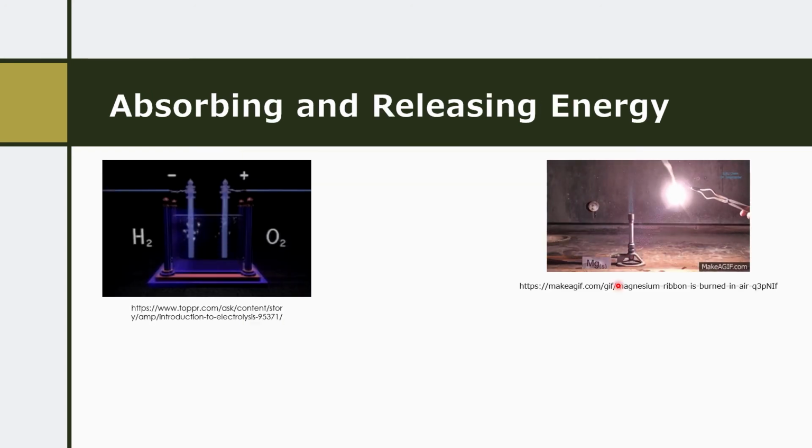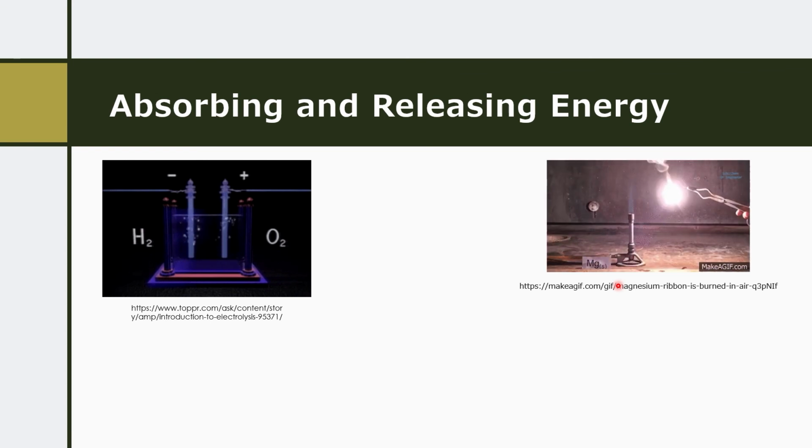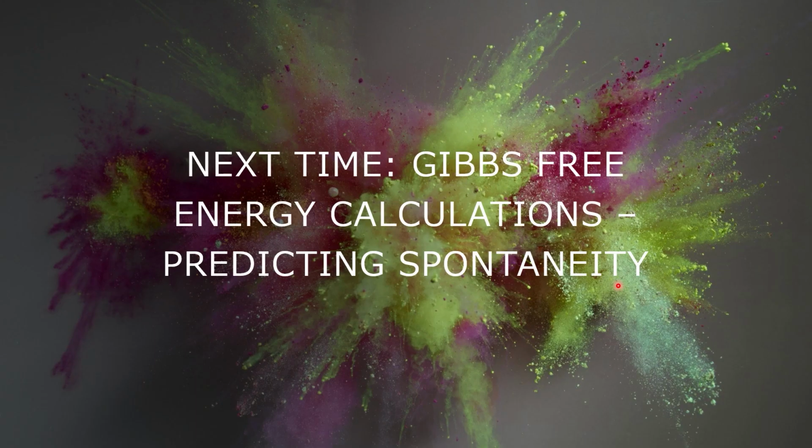So this is what we see: either reactions that absorb energy or reactions that release energy. And that absorbing or releasing of energy could be through heat, but it could also be through other means such as electrical energy or light, as shown in the couple of examples of reactions that we have looked at before in class.